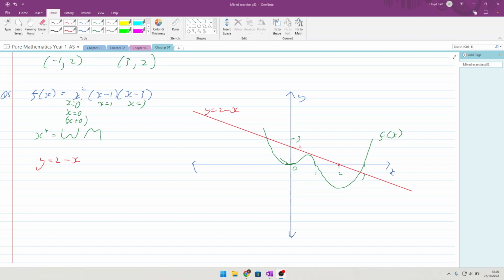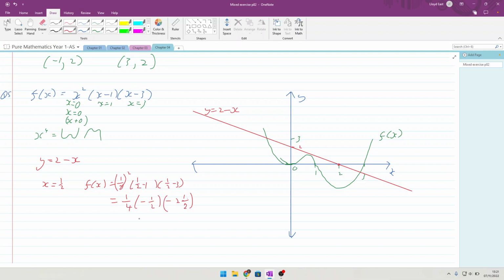Okay, so if we just pretend for a minute that x is equal to, I don't know, a half, and we start substituting it in, then f of x is equal to a half squared, a half minus 1, and a half minus 3, and when you work that out you end up with a quarter times minus a half times minus 2.5.